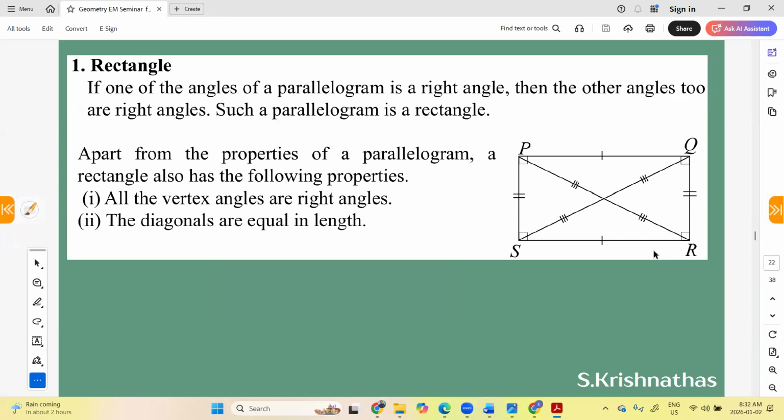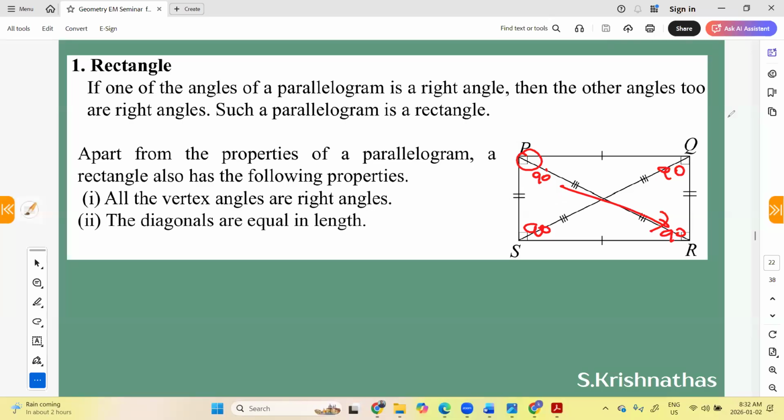In a parallelogram, if only one angle is a right angle, the opposite angle is also a right angle, with parallel lines, 90 degrees, 90 degrees. So that will be a rectangle. In a parallelogram, if only one angle is a right angle, then that is a rectangle.